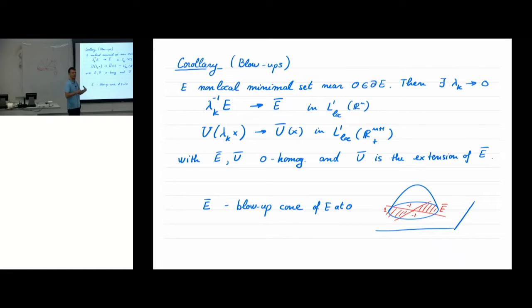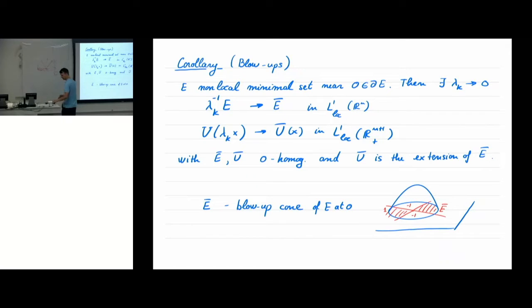This is from the compactness of minimizers, yeah? And also you get that the extended function converges to the extended function of this E bar, and this E bar and U are zero homogeneous, yeah? So in the end, you get this picture on the bottom when you zoom in near a point, yeah?